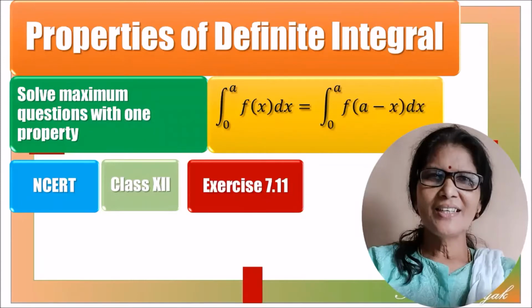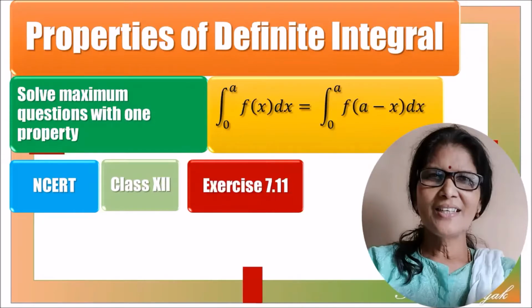We know that there are many properties related to definite integral and whole exercise 7.11 is based on this. But I want to share one property which is very important that can help you to solve maximum number of questions, and definite integral is very easy.